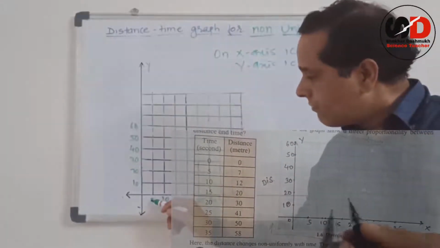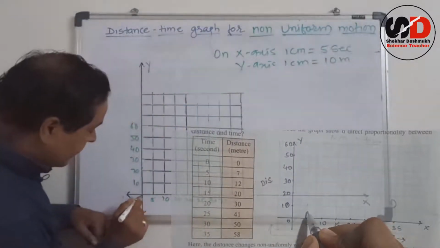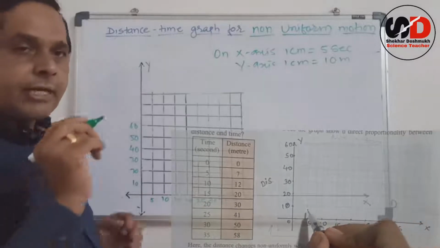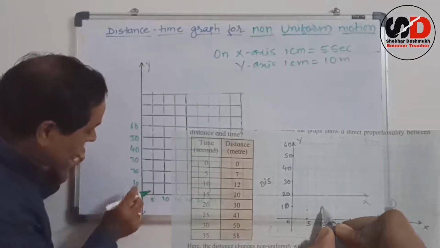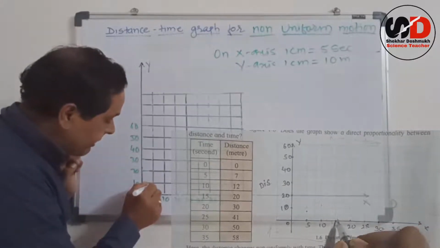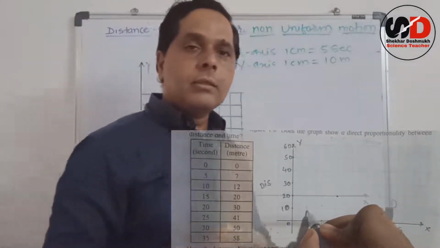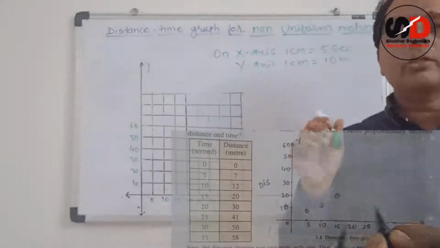What is the reading? 5. The first reading is here at the origin. Okay. The second is 7. So count small lines. Each line is of 1 meter. So you can easily take 7. You can count it. So take such readings and try to draw the graph.